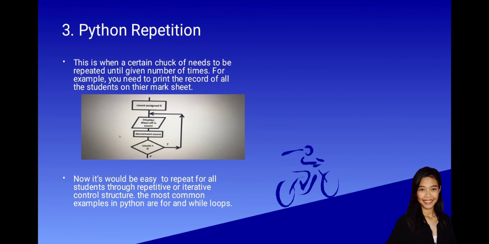So, here is the example. Now it would be easy to repeat for all students through repetitive or iterative control structures. The most common examples in Python are for and while loops.